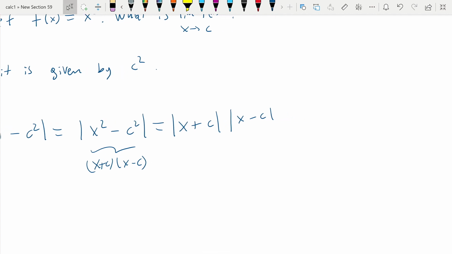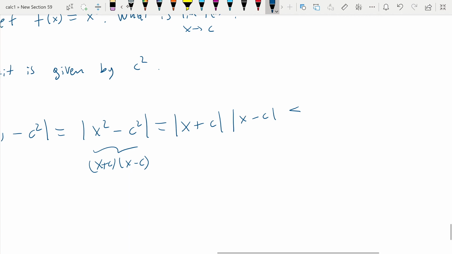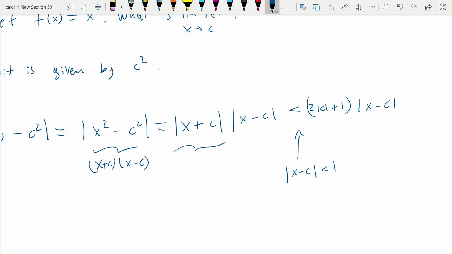And now, the first assumption we need to make. This will be reminiscent of something we did before when we were analyzing the convergence or divergence of sequences. So this would be smaller than 2 times the absolute value of c plus 1 times the absolute value of x minus c, provided that x minus c is less than 1. We need that to be true in order to bound this first part.